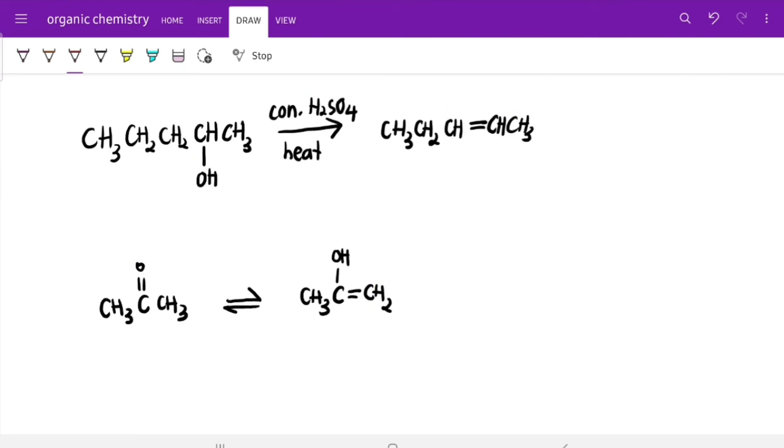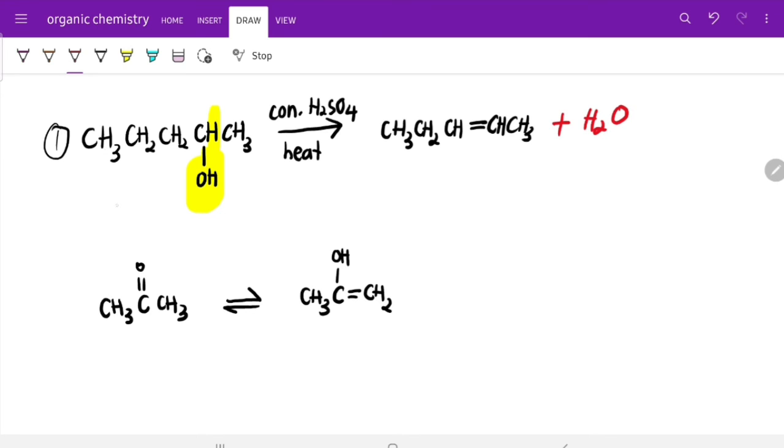The final 2 types of reaction are rearrangement and elimination reaction. Let's look at the first example here. I have an alcohol, and when the alcohol reacts with concentrated sulfuric acid in the presence of heat, this OH is being eliminated. OH and one of the hydrogens at this carbon are being eliminated and secreted as water.